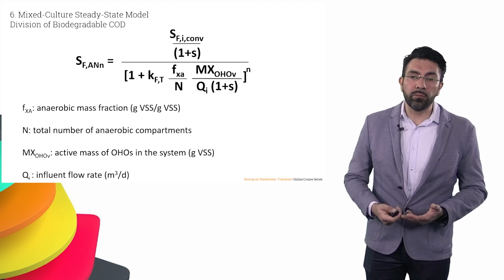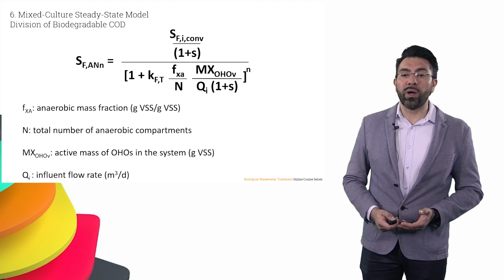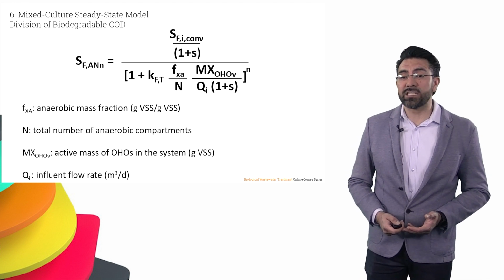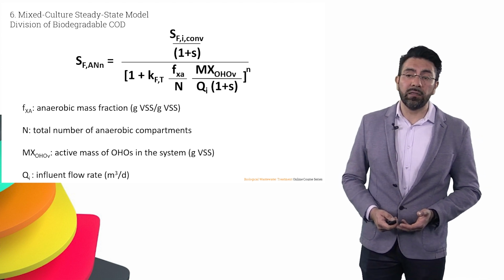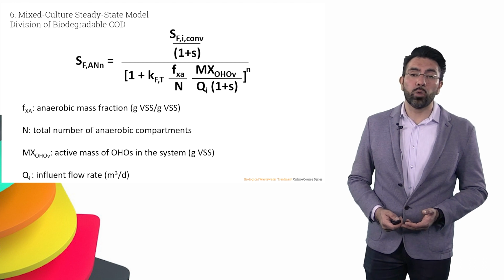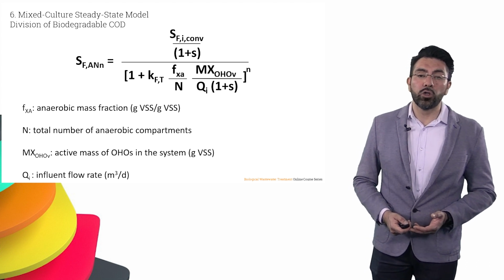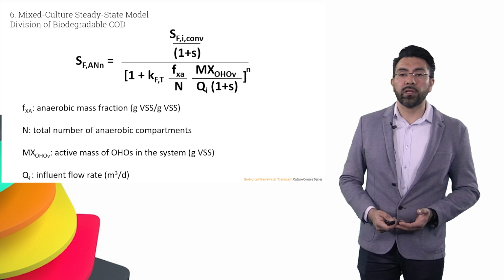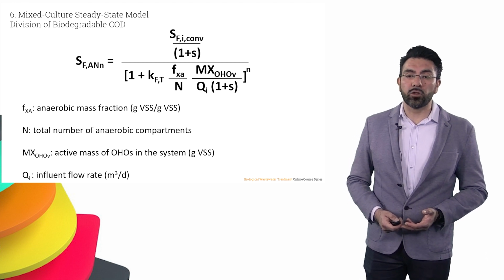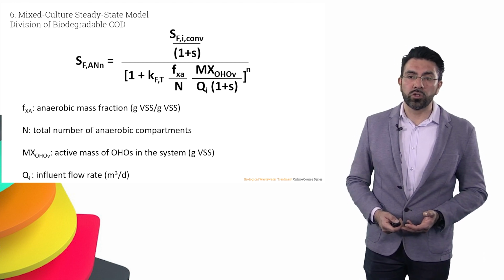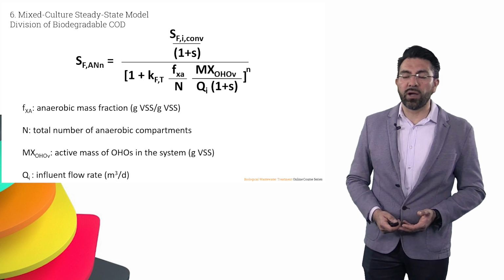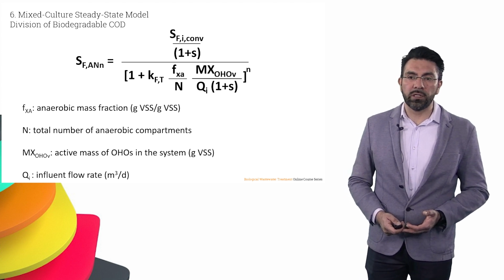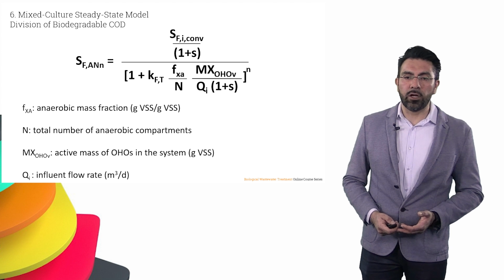In this example, and in most examples, since we want to know the concentration in the last compartment, lowercase n tends to always be similar to the capital N, that is the total number of anaerobic compartments. So we can use the same number of compartments for both the capital N and the lowercase n.